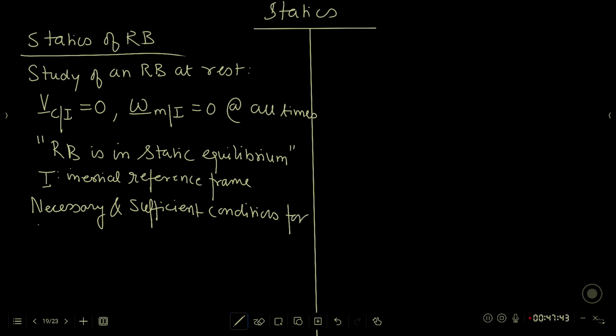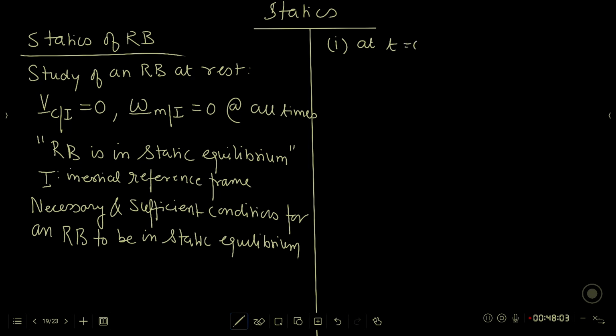Number 1, at t equals 0, when you started making your observations, VCI is 0 and omega is 0 at t equals 0.